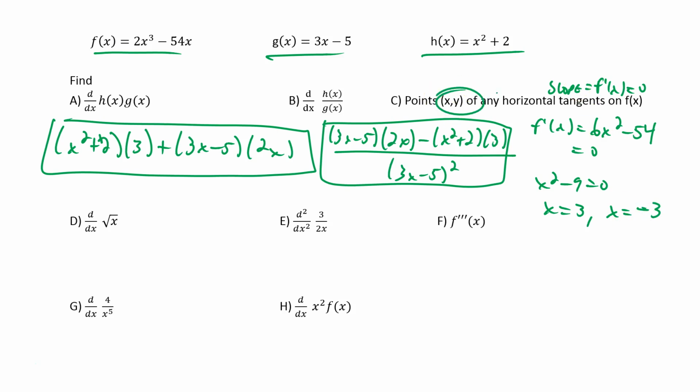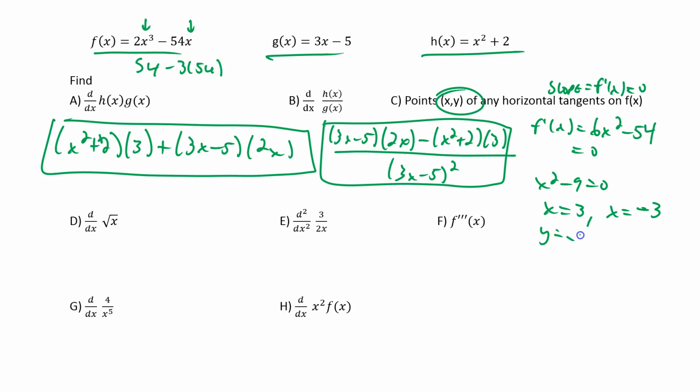Now they ask for points x, y. It's really sneaky sometimes that they ask for that. I have x's, I need y's. How do I get that? Well, plug them in and get out your y's. So when x is 3, let's see what y is. 3 cubed is 27 times 2 is 54 minus 3 times 54. It's a little tricky, so you can do this a couple ways. You could factor out a 54. The way I think about it is one of those 54s will cancel this out, so we have to go 2 more in the whole.